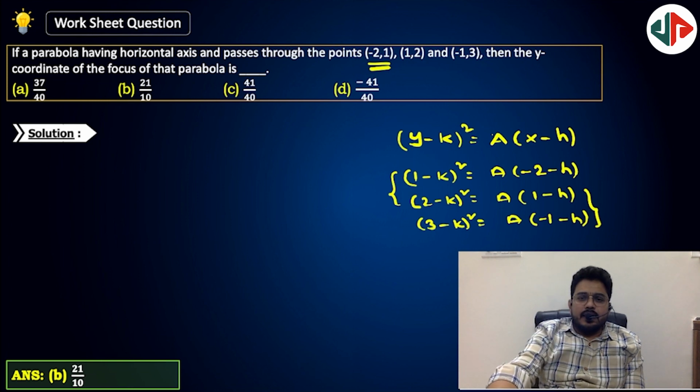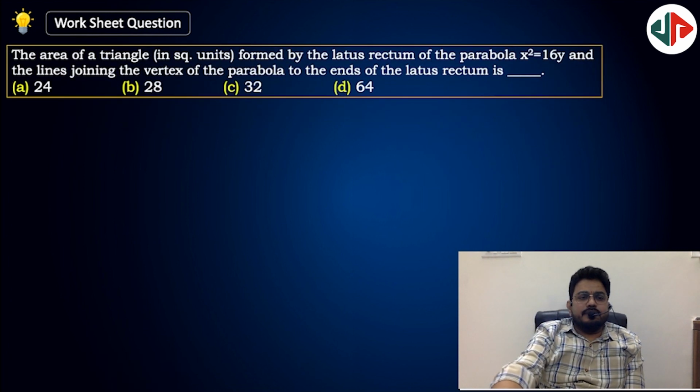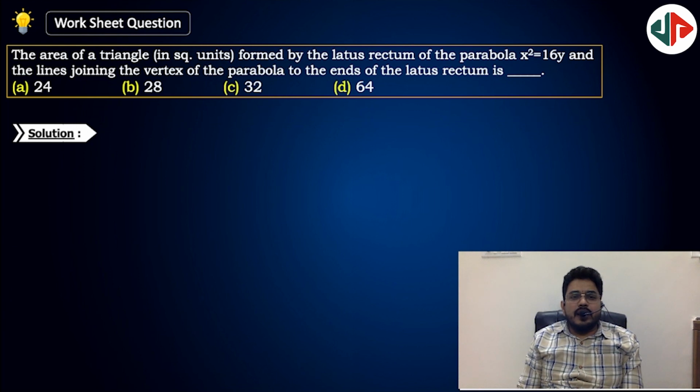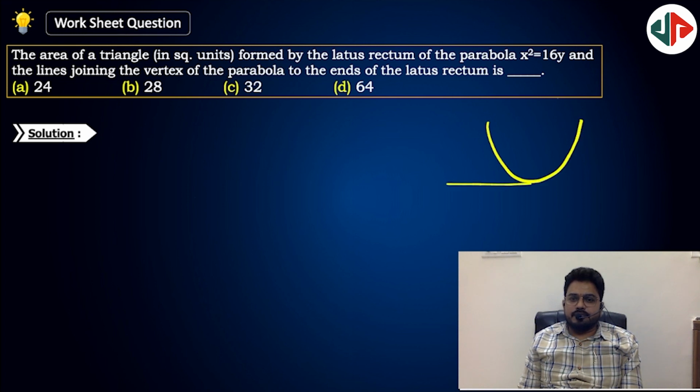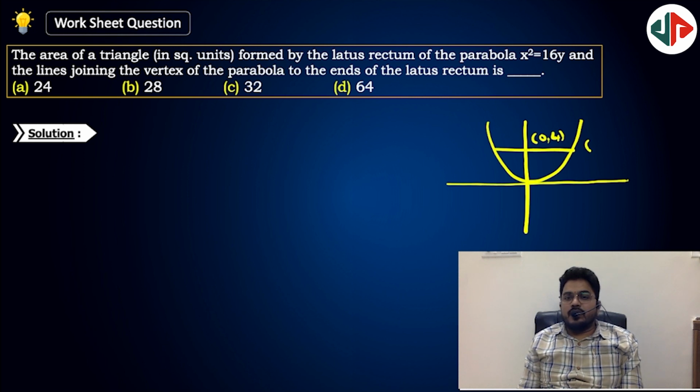Okay. Next question is the area of the triangle formed by the latus rectum of parabola x square is equal to 16y and the line joining the vertex of the parabola to the ends of the latus rectum. This is the latus rectum. So what is this one actually? 0 comma 4. So now this is 4.